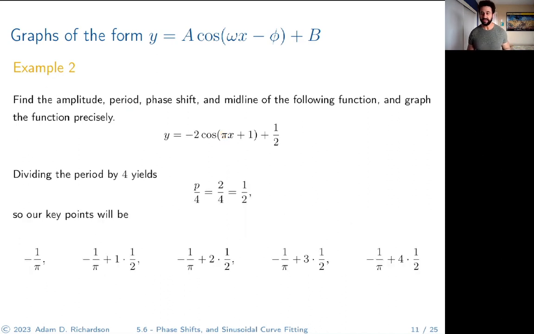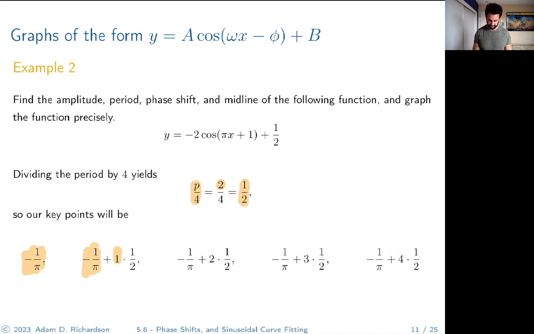All right, so now the next step is we're going to divide the period by 4. Remember, the period in this case is 2. So p over 4 is 1/2. Now, our key points are going to be the phase shift plus 0, 1, 2, 3, 4 of these values 1/2. So here's the first key point. Here's the second one.